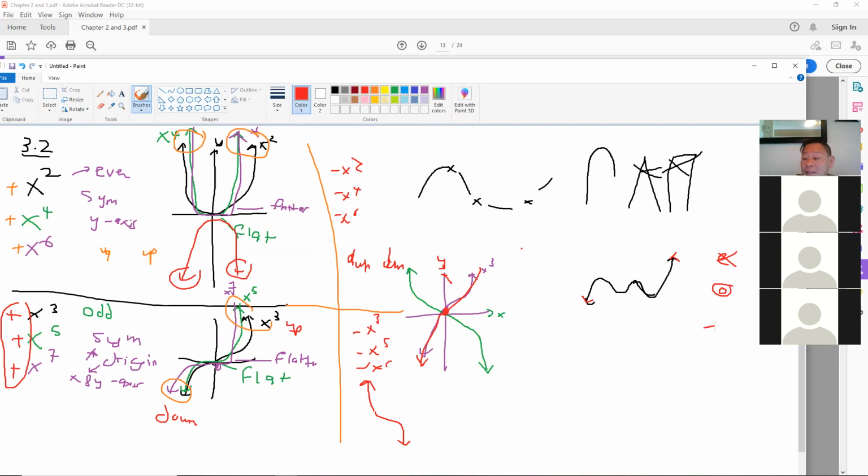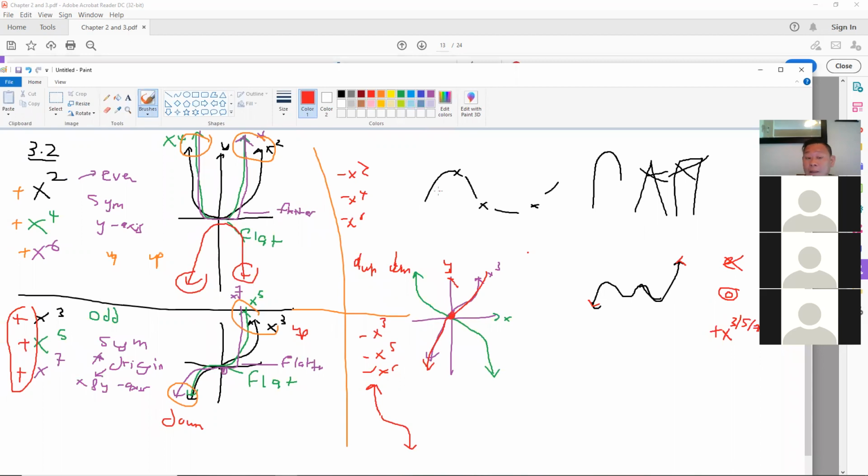So that means your x here has an odd power, either 3 or 5 or 7 or 9, and the leading coefficient is positive. When you write x to the highest power, it has to be plus, because it goes down here and up there. That is how you figure out, just by looking at the graph, the power and the sign in front, whether it is plus or minus.